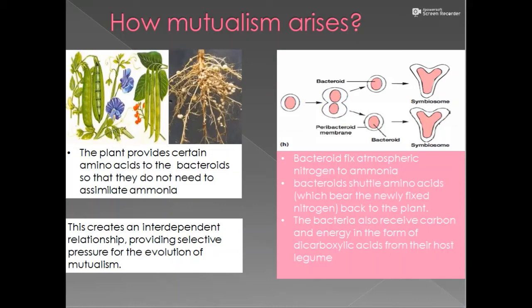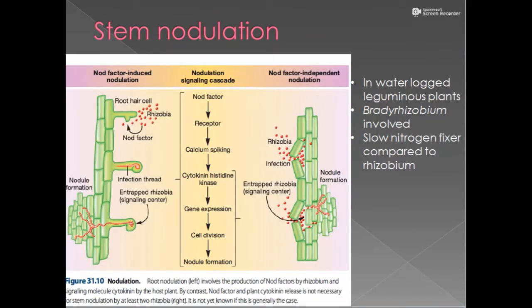Now, if you consider Rhizobium, you cannot say that all Rhizobium will cause nodulation in roots. Some members of the Rhizobium group, especially Bradyrhizobium, are usually considered slow nitrogen fixers, but they are also found to be associated with leguminous plants, and they also fix nitrogen.